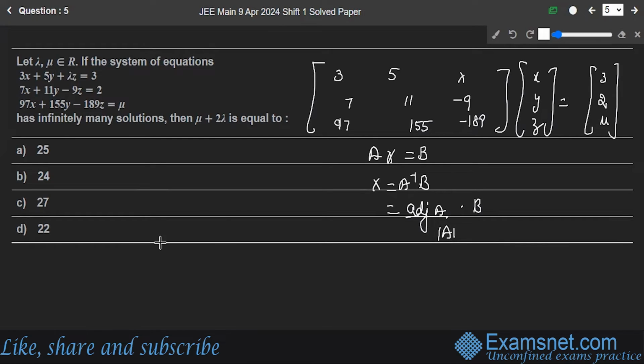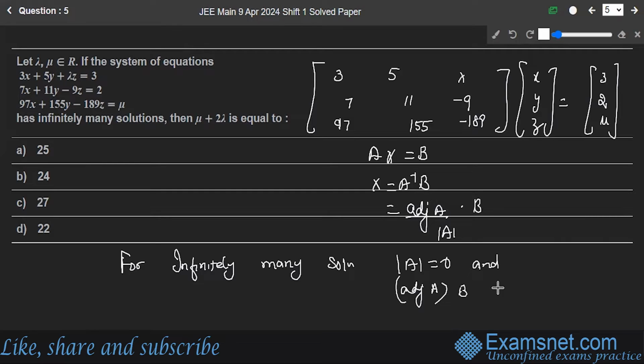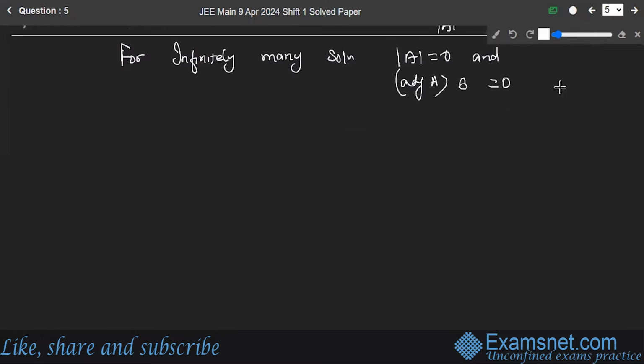For infinitely many solutions, the determinant of A is equal to 0, and the product of adjoint of A and B is also equal to 0. Let's find out the determinant of A first.